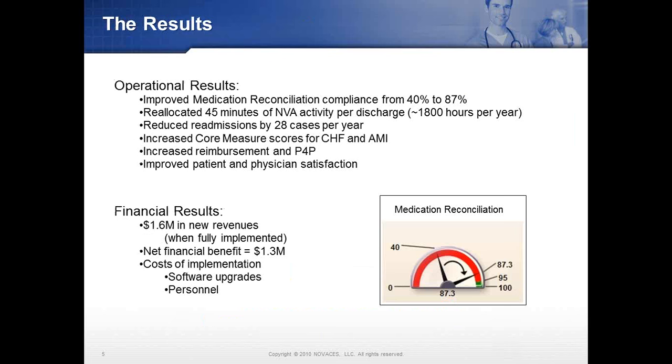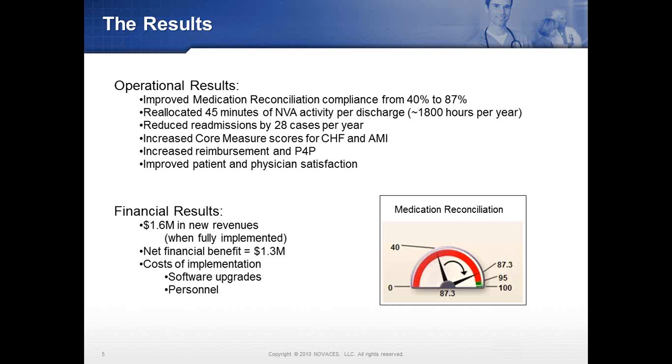That's, first of all, you want to see the results. Before I get into how we did it, you want to make sure that this is worth listening to. Well, here they are. We improved medication reconciliation compliance from consistently around 40% to 87%. That was immediate improvement. We know that is going to improve significantly as additional action items on the plan are implemented.